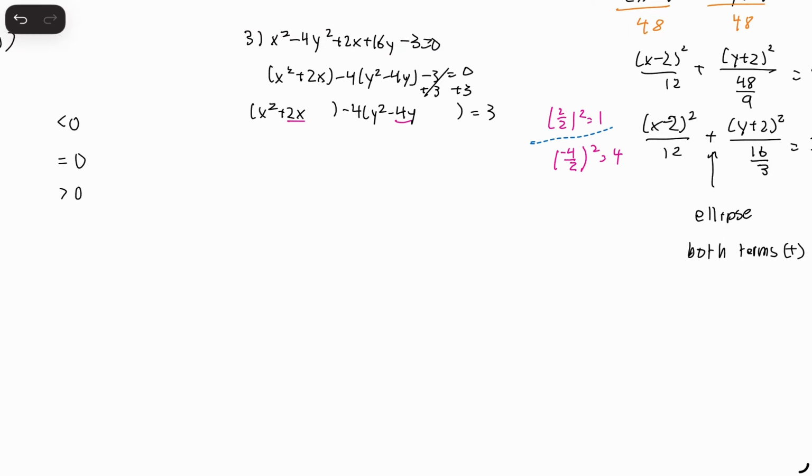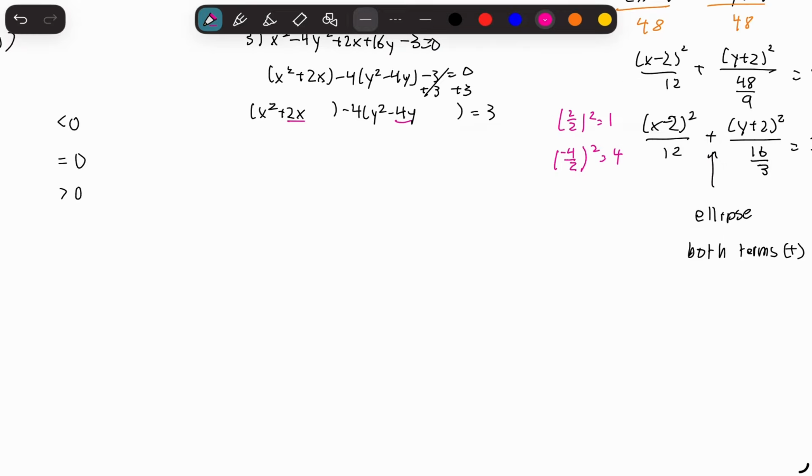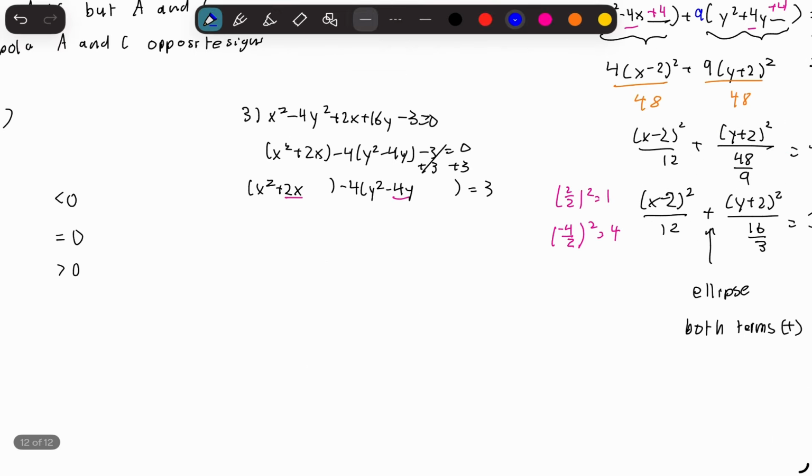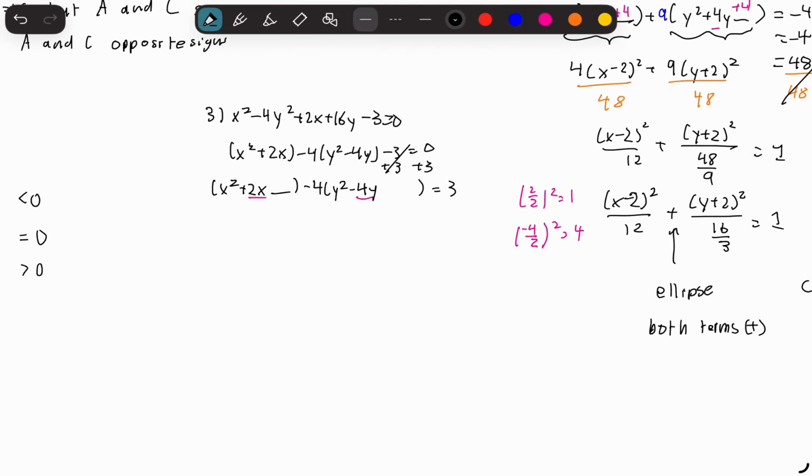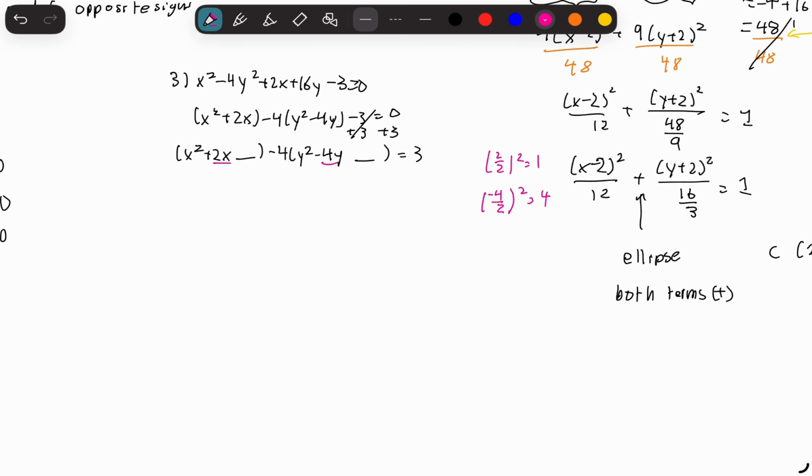So moving this over here, you're going to have x plus 1, and you're going to add these to both sides. So you're going to have a blank space here. Let's add to both sides. We're going to add 1 here, and we're going to add a 4 here.